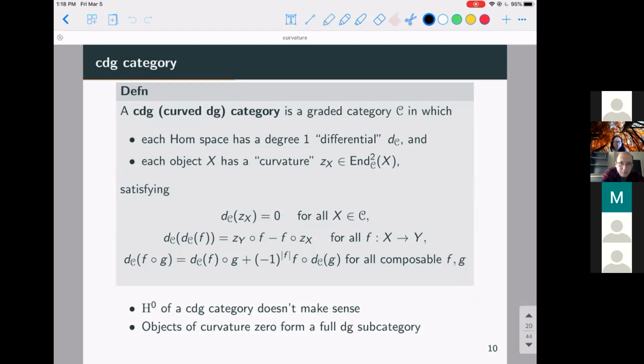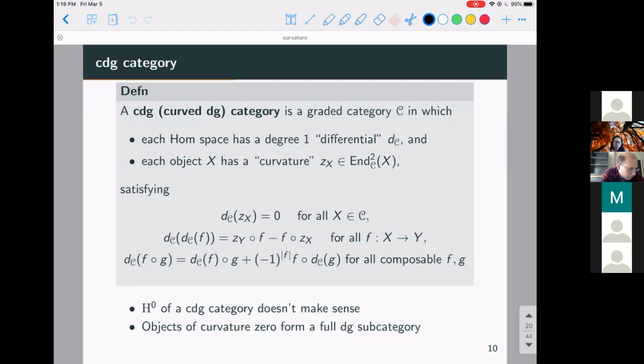Now, the reason why you don't see Cdg categories often is because, so it is natural in some sense, but for many applications it's too naive. So for example, because D squared doesn't vanish, it's not clear how to understand the cohomology category because the image doesn't lie in the kernel.